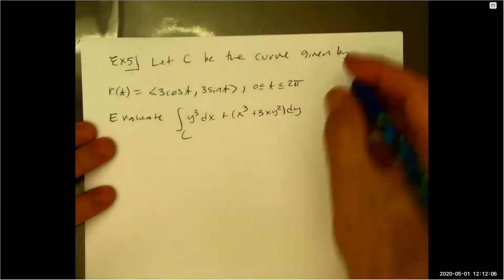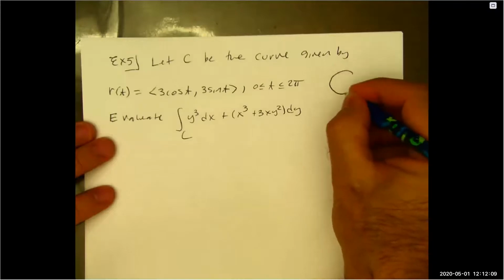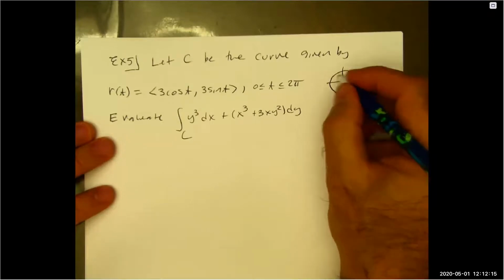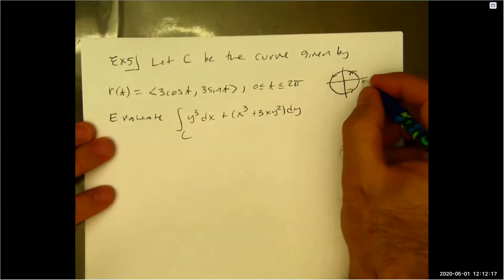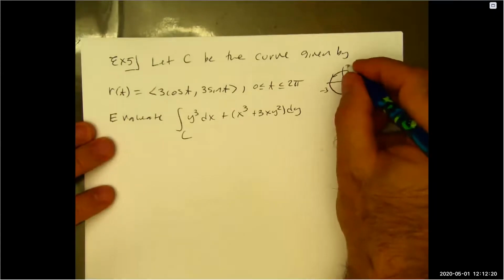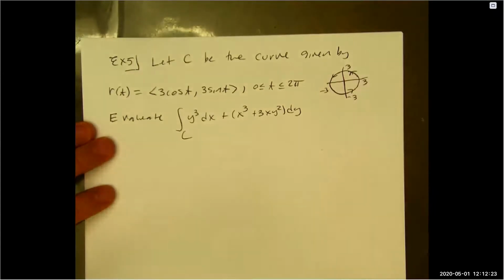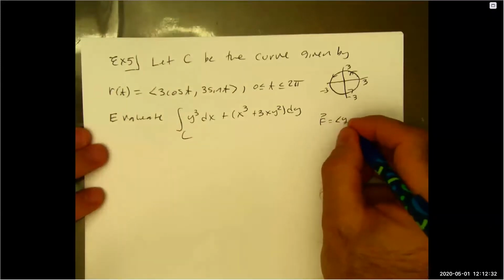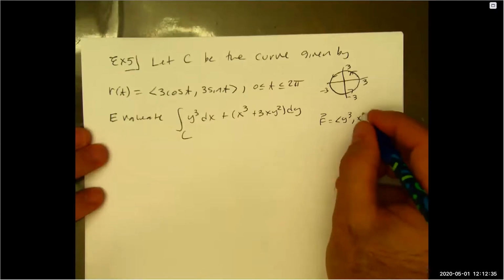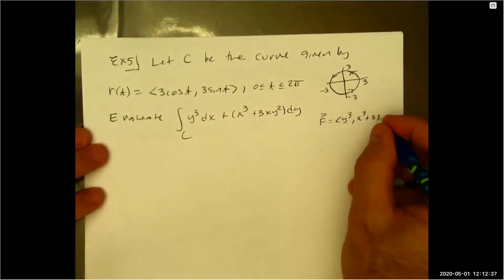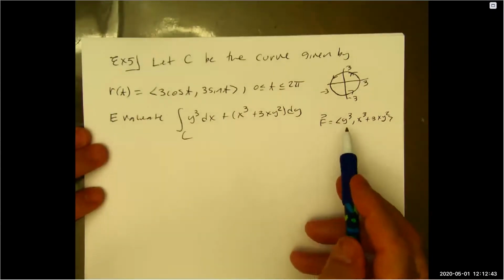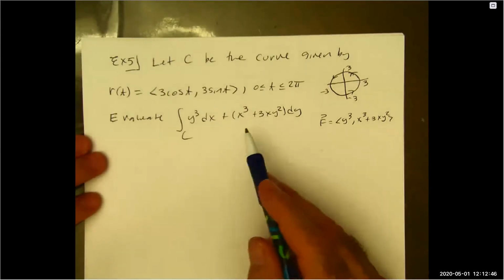All right, and so this is just a circle of radius 3, with counterclockwise orientation there. And so we're integrating over that. So it would be easy to figure out what the vector field is. In this case, the vector field F is just going to be y cubed and then x cubed plus 3xy squared. That's your vector field. We could actually do the same problem the other way, but we're going to look at it just evaluating with this differential form.